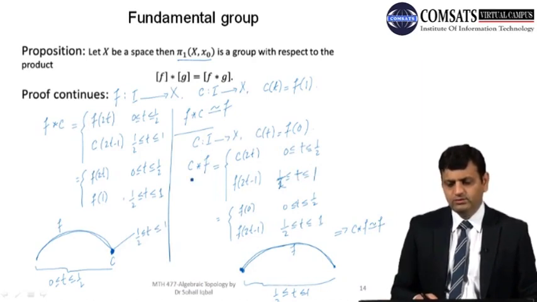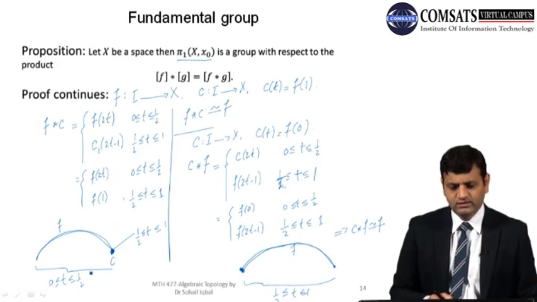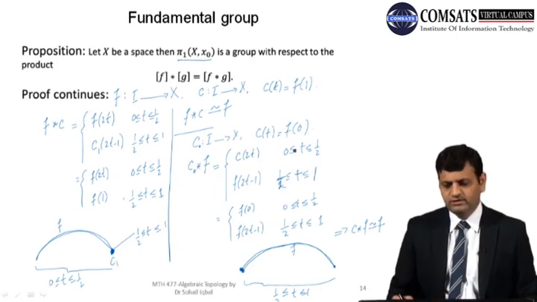Now any two constant functions are homotopic. Let's say this constant function is c1 and this is c0. Then c1 and c0 have the same path class. So the path class of constant functions serves as the identity of this set pi1 of X, x0.